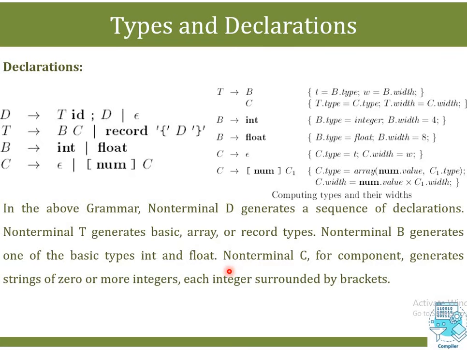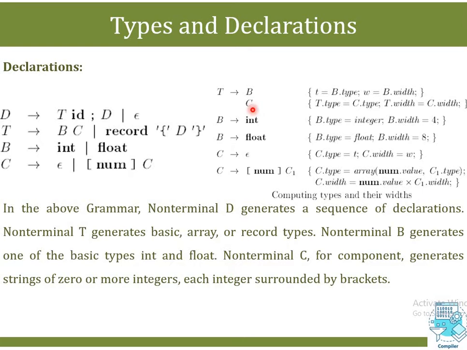Specifically, the symbols in this grammar have two attributes: a width attribute and a type attribute. Type specifies what type it refers to, and width specifies its memory consumption.